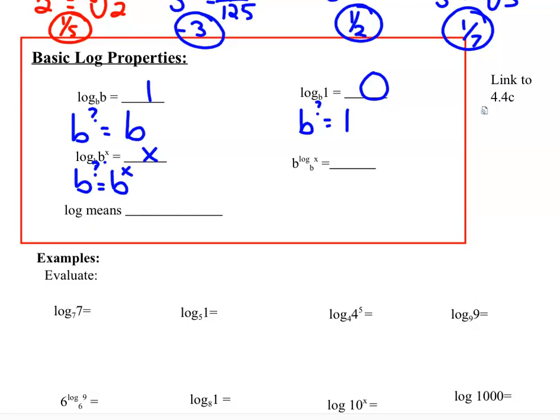This next one, the font we used isn't as clear as I'd like it to be, so I'm going to rewrite it here. We're really saying we have some base, we are raising it to a power that's a log expression.